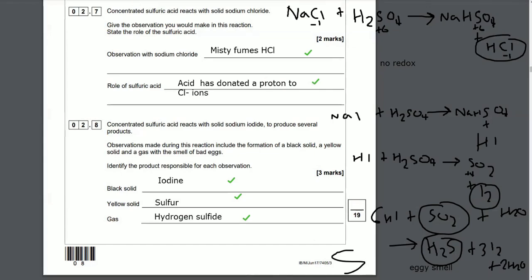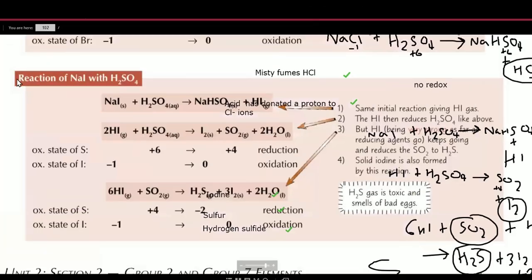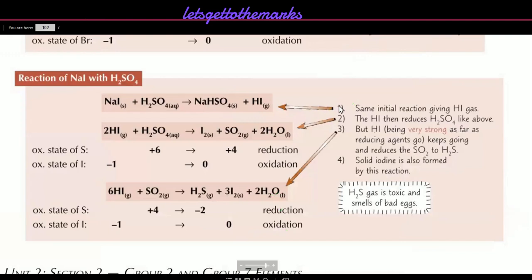So the bit of your revision guide you need to look at, I'm going to show you, is here. So let me just clear the screen. Okay, this is from the brilliant CGP revision guide. Of course, it doesn't have everything you need, but it is still a great resource. It's what I often use.